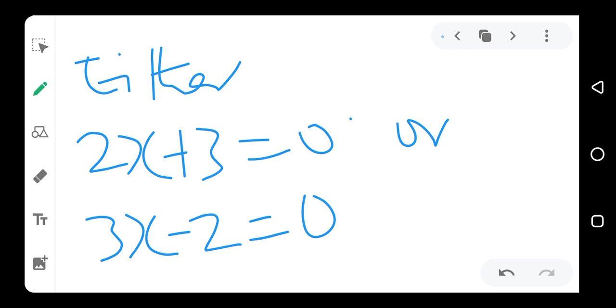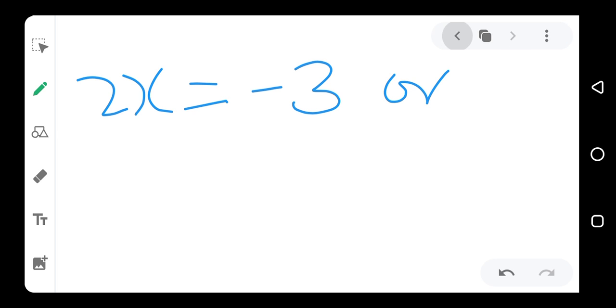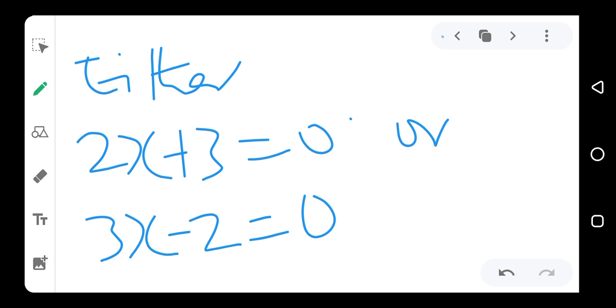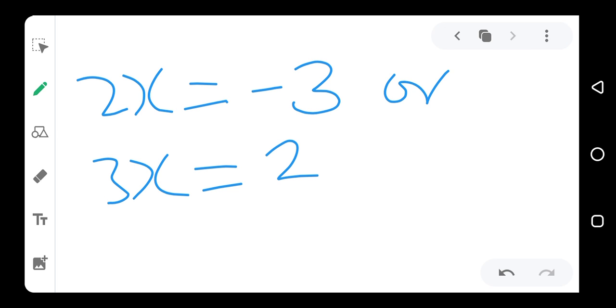Or in the second one, 3x minus 2 is equal to 0. That means that 3x is equal to 2. This is minus 2 here, it's coming to this side, it becomes plus 2.